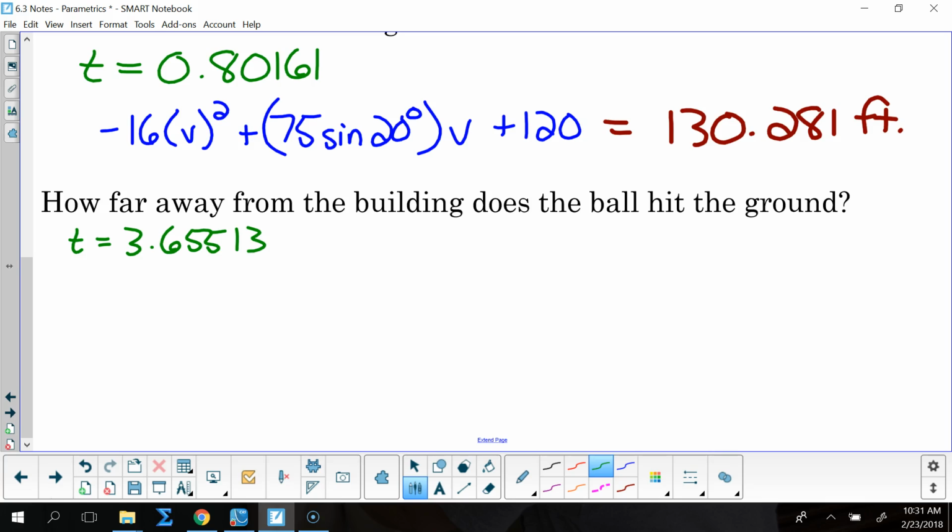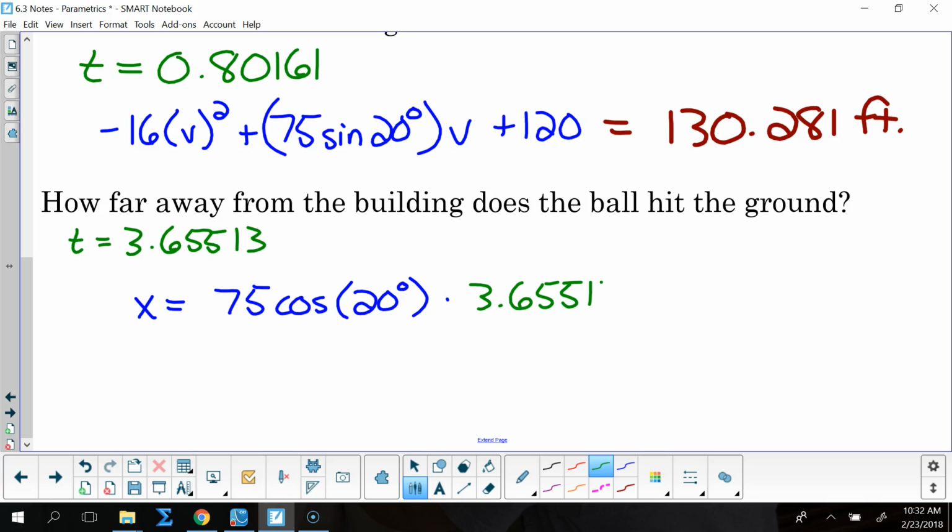What do I put that one into now? My x equation. So x here is going to equal 75 times the cosine of 20 degrees times 3.65513.